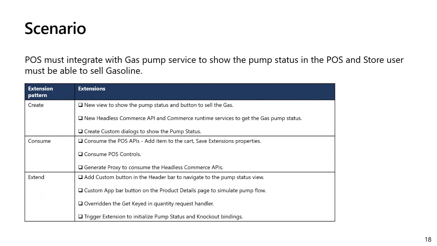So let's get to the interesting part, the deep dive on how to do the extension. We have taken a mock scenario to touch over the different extension patterns we talked about. The mock scenario is a gas pump service. Mostly POS will integrate with the gas pump service.